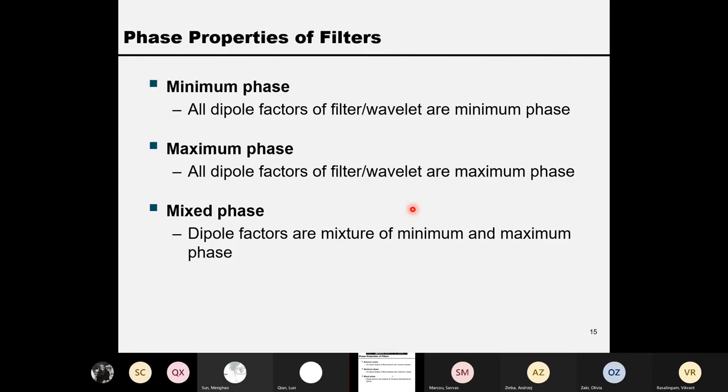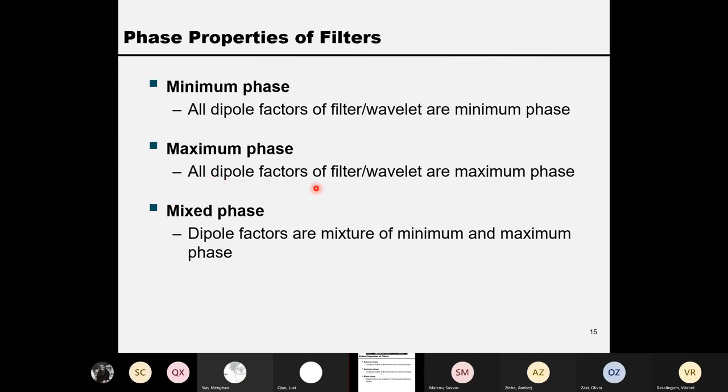Talking about phase properties, we already mentioned that. For a general filter, which can be factorized into a series of factors, a multiplication of many dipoles, when all dipole factors are minimum phase, this filter is called a minimum phase filter.